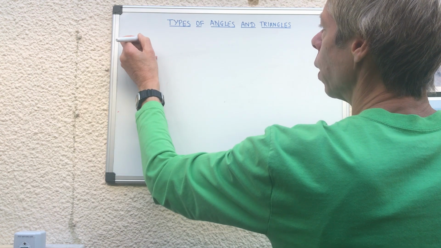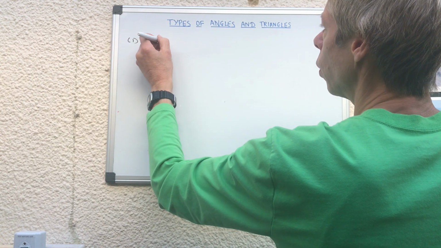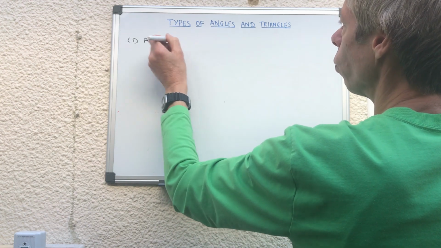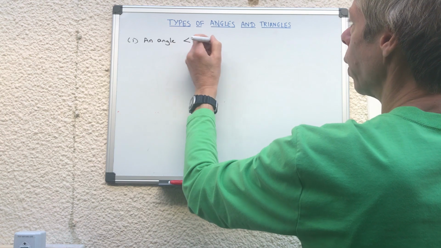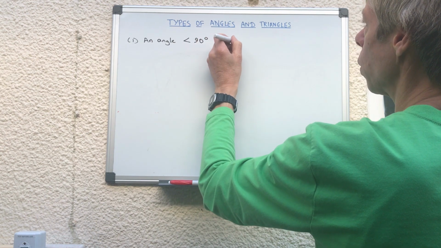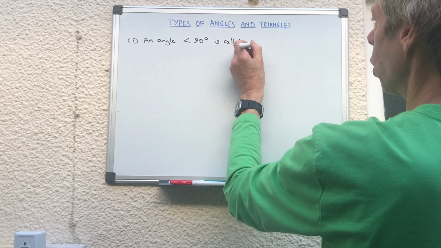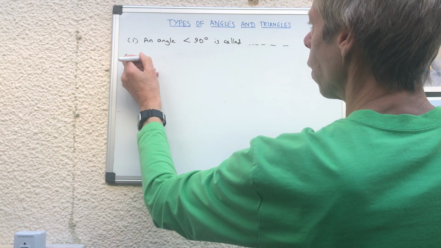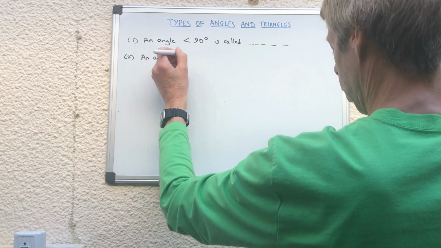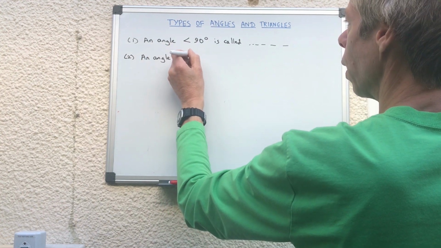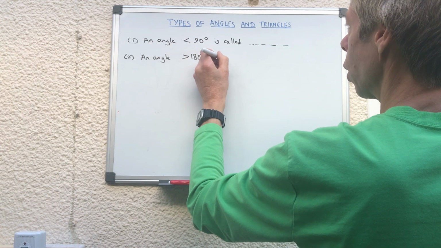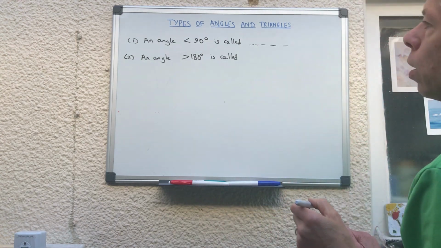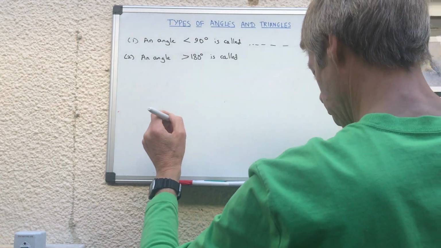An angle less than 90 degrees is called, so what's that called? And then question 2, an angle greater than 180 degrees is called, okay, so less than 90 or greater than 180.